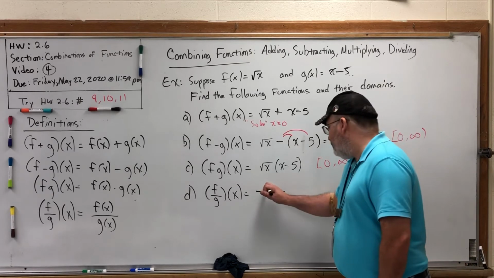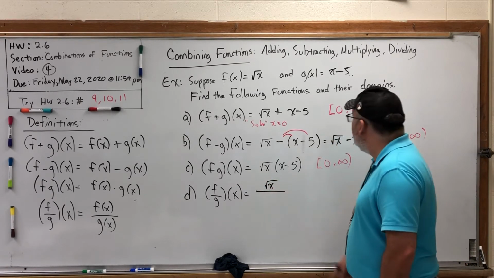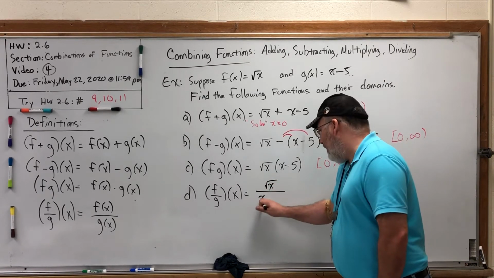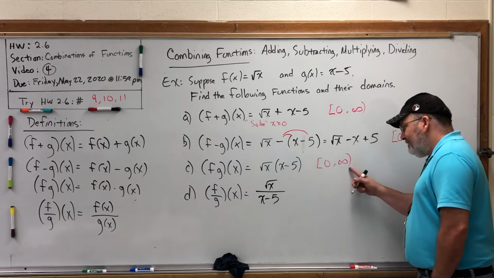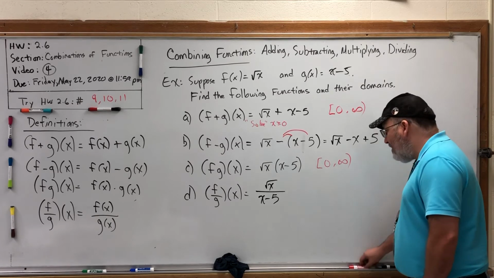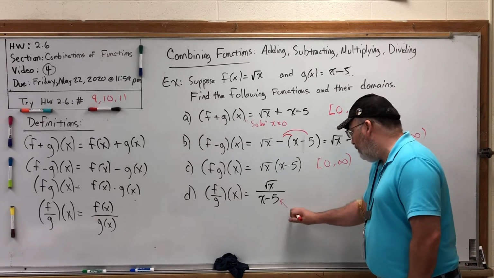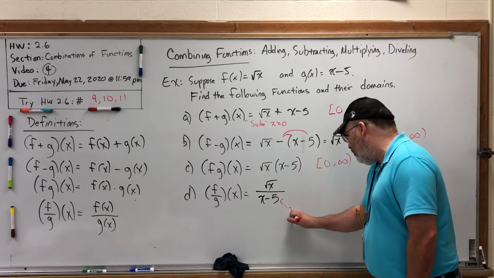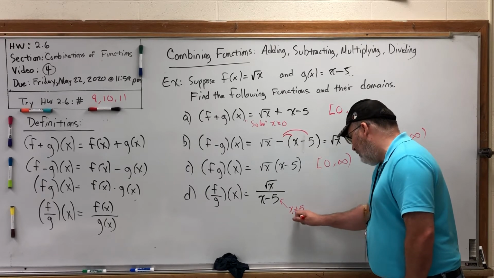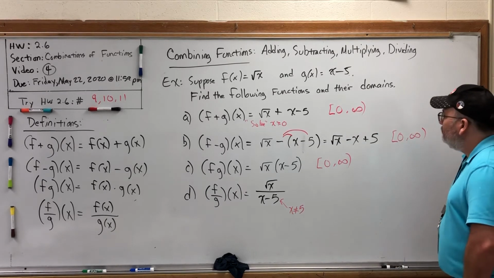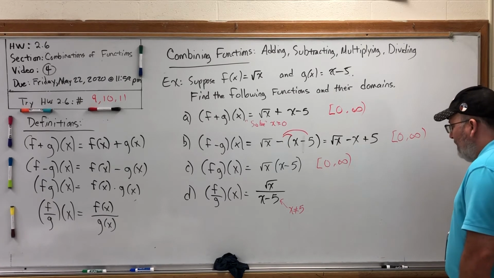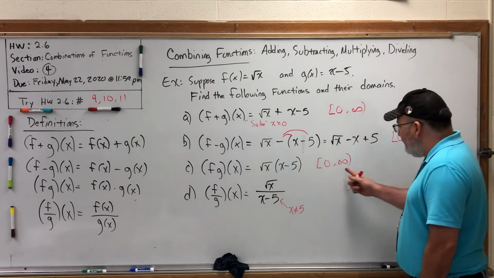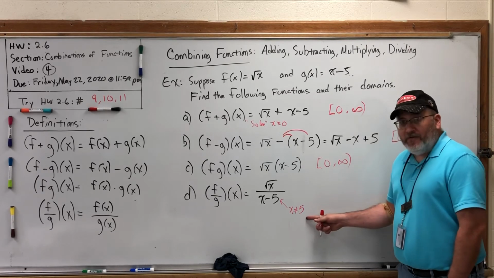Because if we put the first function on top, the square root of x, and the second function on the bottom, x minus 5, the square root still has the exact same issues it had before, but now we have to incorporate the denominator's issue, and we can't let the denominator equal 5. So how are we going to write the domain to say it's this, but not including 5?